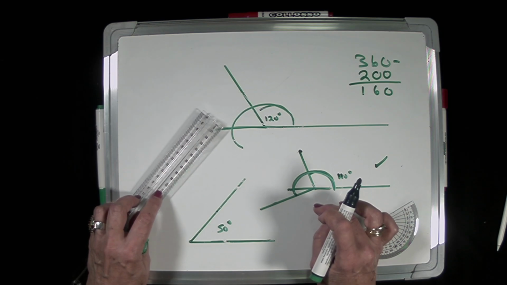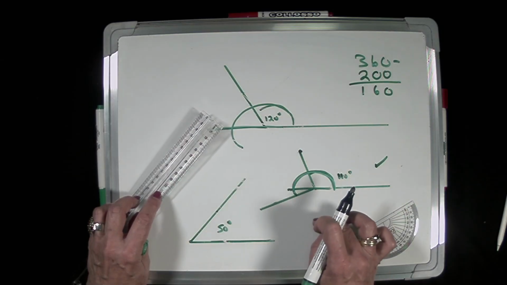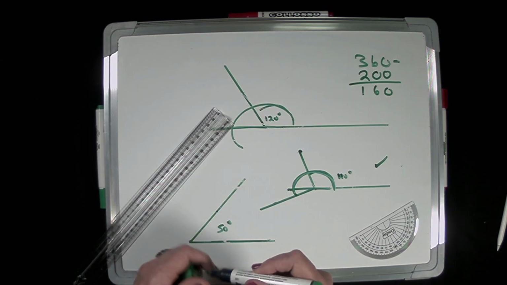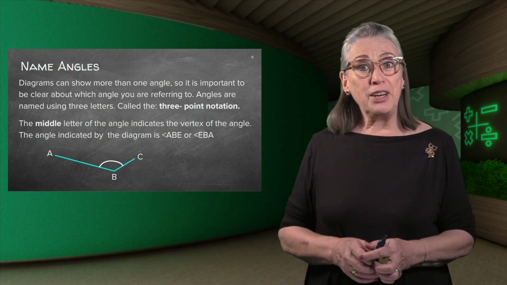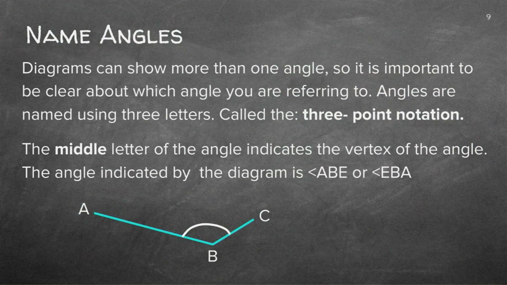Okay. Now, because of this possible confusion with angles, we name angles. So I'm going to go back to the slides to explain to you how we name angles. A diagram can show more than one angle, as I just explained to you.